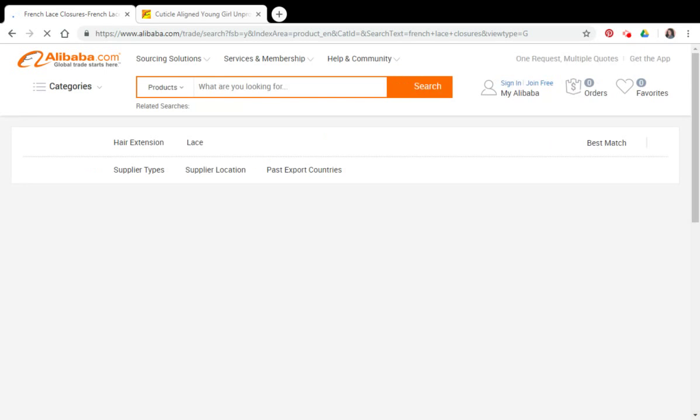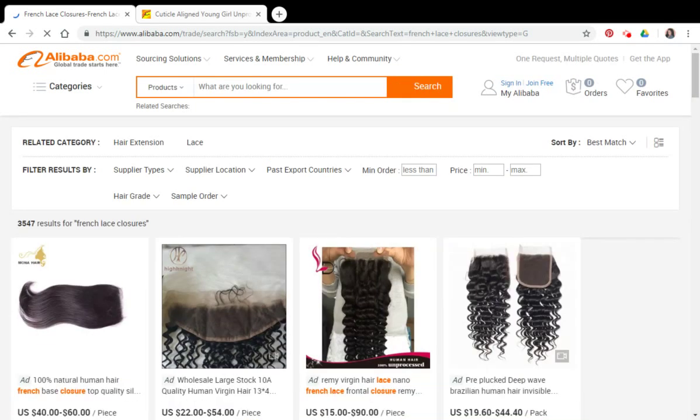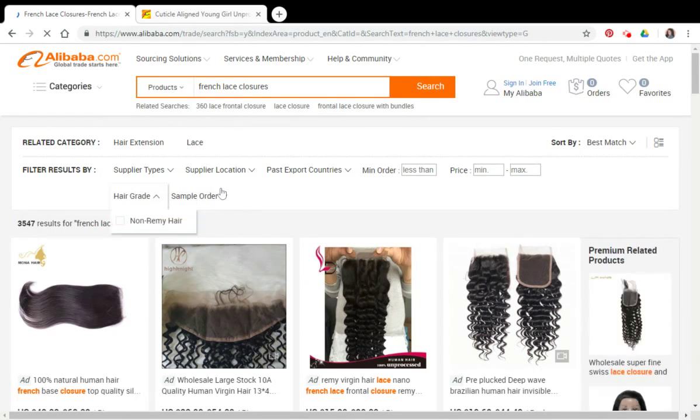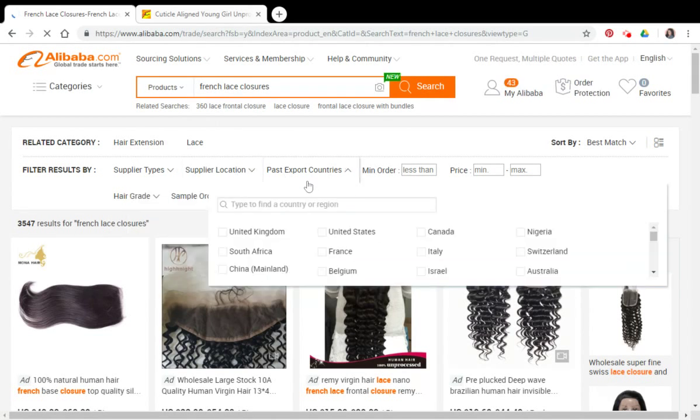And basically, when you look for potential vendors for frontals and closures, you want to look for vendors who are selling frontals and closures that look natural. Let's see.